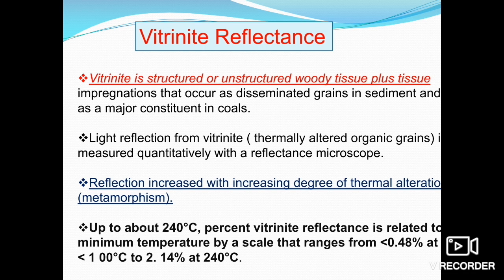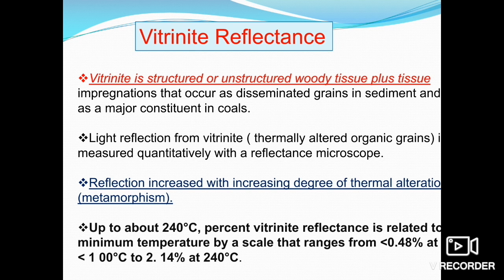When we were discussing the macroscopic constituents of coal, we discussed vitrinite. So it is woody plant tissue that occurs as disseminated grains in sediments and as a major constituent in coals. So its reflectance is used.